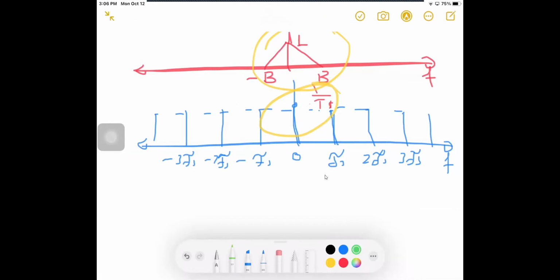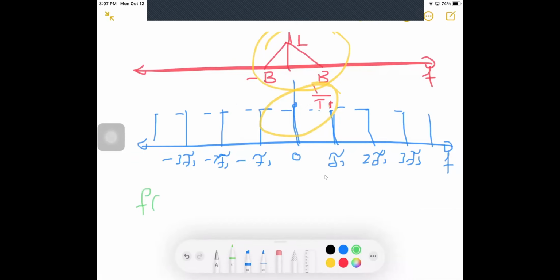If we have a function, say f of t, convolved with delta of t minus t naught, what will be the result? F of t convolved with delta of t minus t naught, what will be the answer?